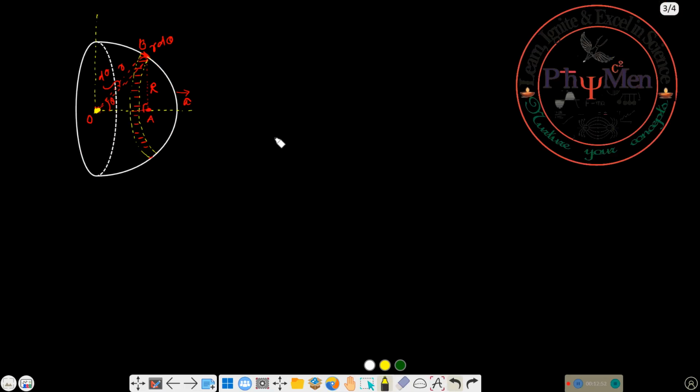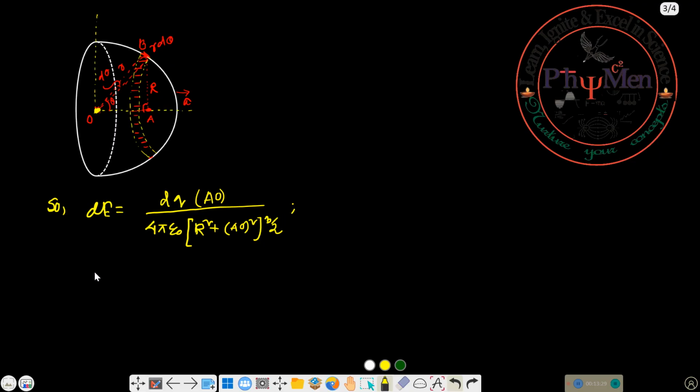So the electric field due to this small elemental ring can be written as dE equals dq AO by 4 pi epsilon naught, r square plus AO square to the power 3 by 2.